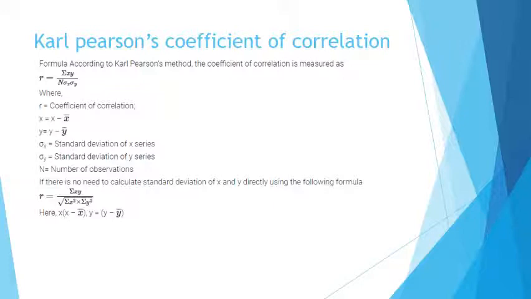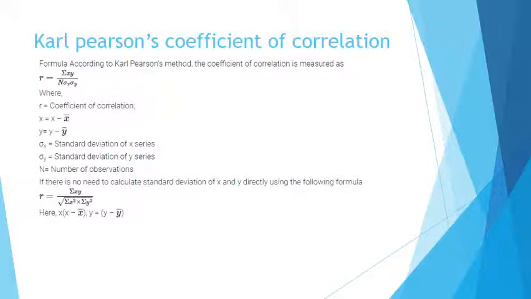There is a formula given to calculate coefficient of correlation. Formula is r is equal to sigma xy upon n into standard deviation of x series and standard deviation of y series.